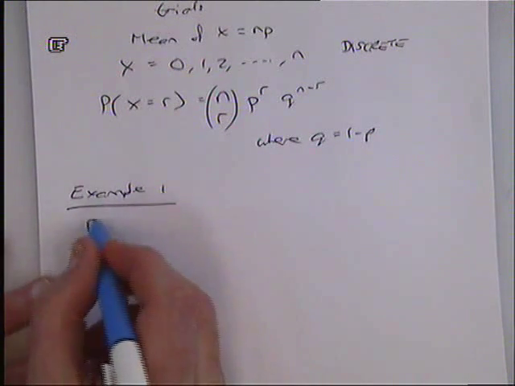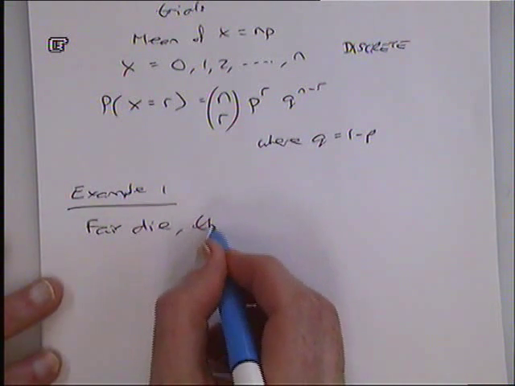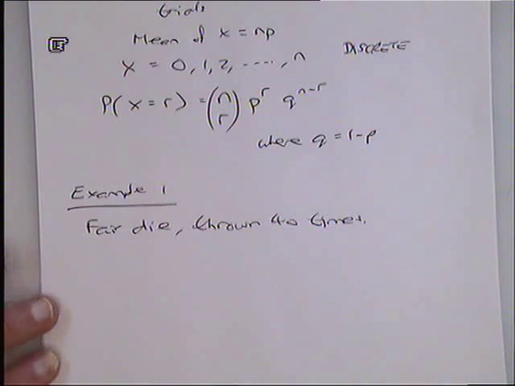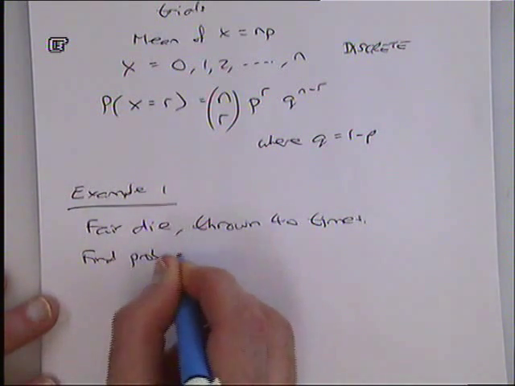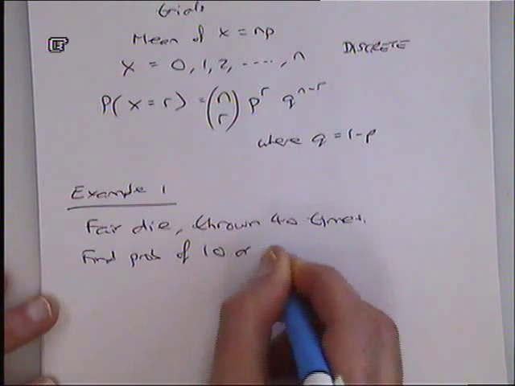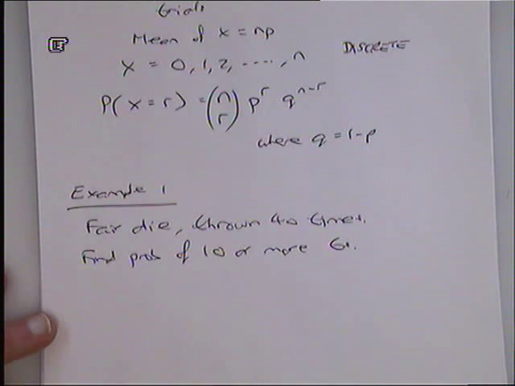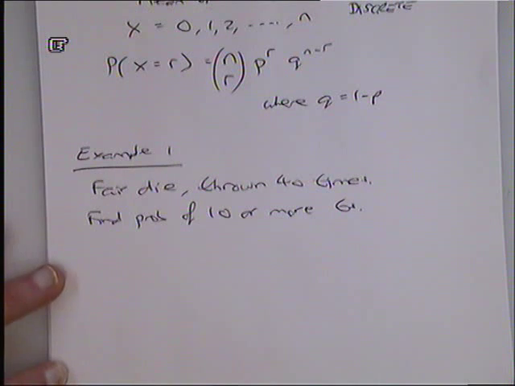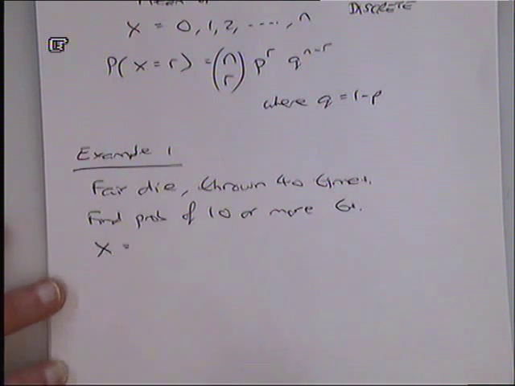If we have a fair dice, or fair die, it's only one of them, which is going to be thrown 40 times, and we are asked to find the probability of 10 or more sixes, if we're going to write this down as a binomial thing, what will x be recording?